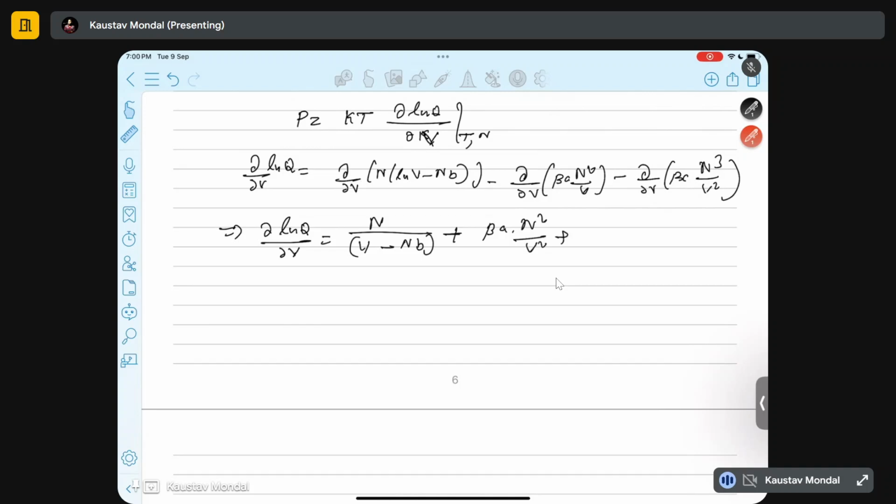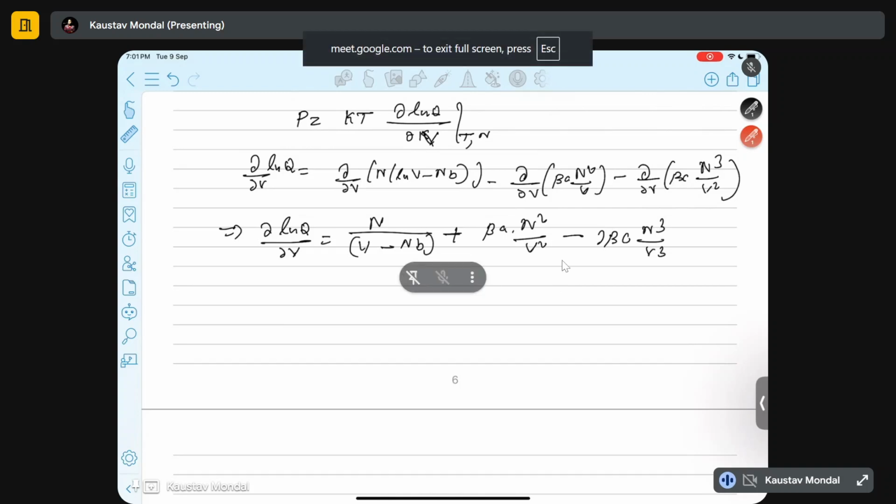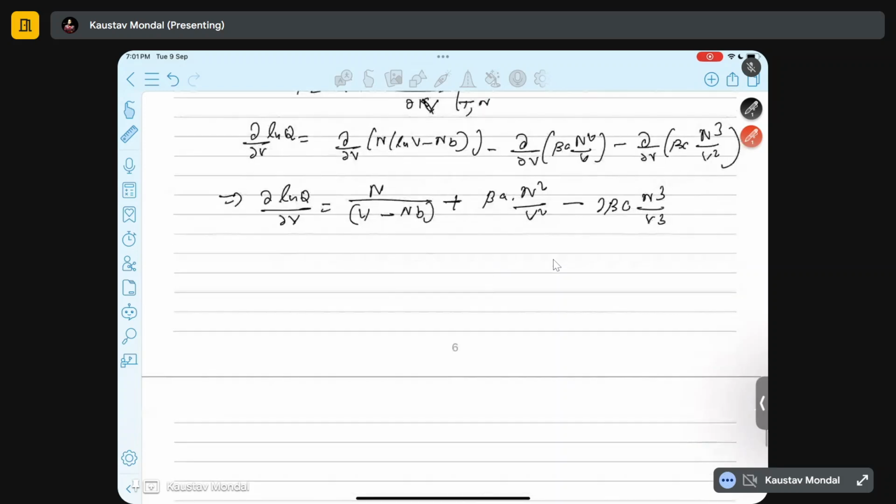Lastly, the beta c N cube by V square term would give simply minus of minus, it will become plus of 2 beta c N cube by V cube, because we are doing the derivative with respect to V, so V square will become V cube, and a factor of 2 will come out. So that means we got the whole expression of del ln Q by del V.